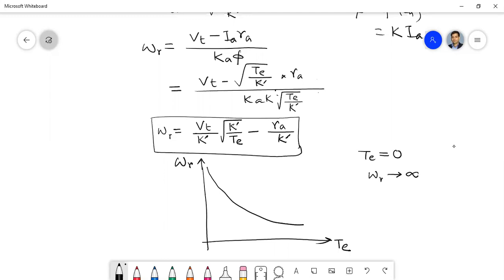So that means it is dangerous to run a series motor at no load. Then the speed will be very high, its bearing system will be damaged, and the motor will also be damaged.